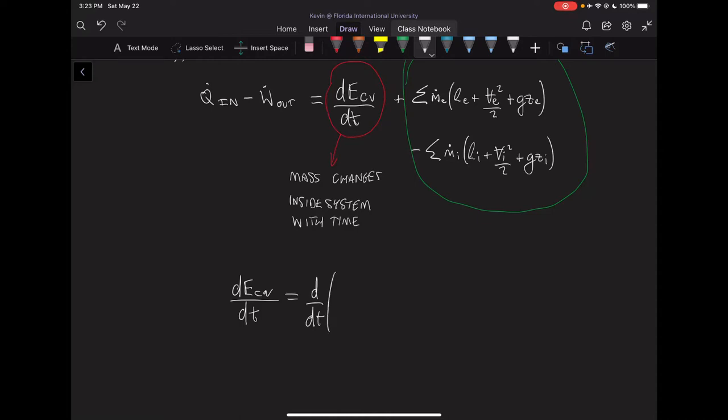So what is the energy inside the control volume? It is mass times the internal energy plus the kinetic energy term plus g z.